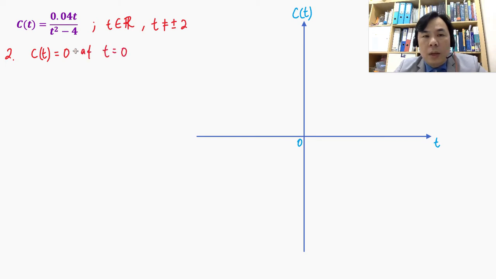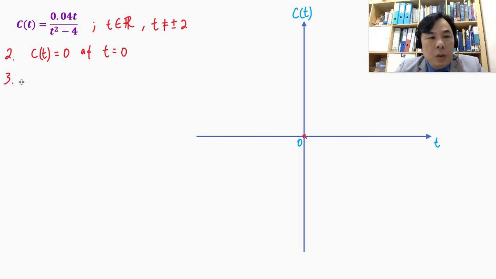So therefore, that actually gives us indirectly an x and y intercept, or in this case, a t and C(t) intercept. All right. I hope that's clear at this point. Generally, that is the only intercept for the axes that we have, right?